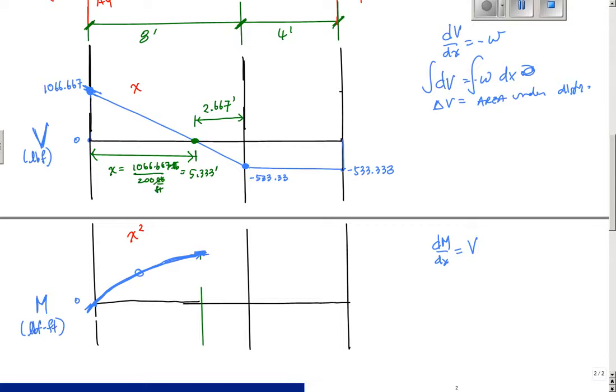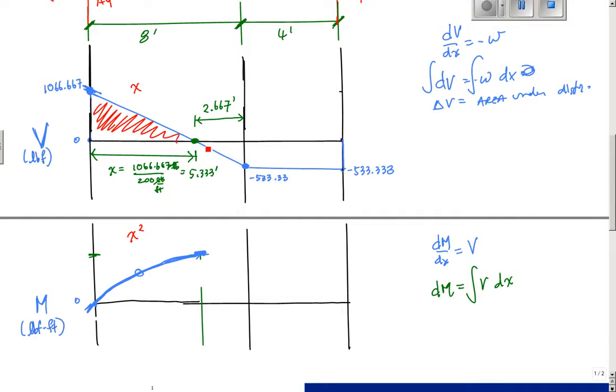How do I know what this value is? Just like before, the change in moment is equal to the area of the shear diagram. So this area right here is 1/2 the base times the height.